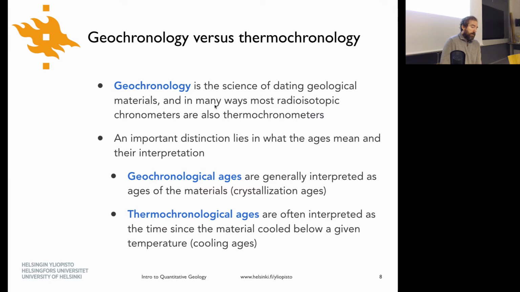We'll see some examples of those. But essentially, it's in many cases based on radioactive decay, accumulation of some kind of daughter product, and then measuring an age based on how much of the daughter product has accumulated.